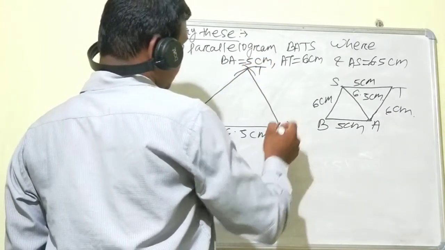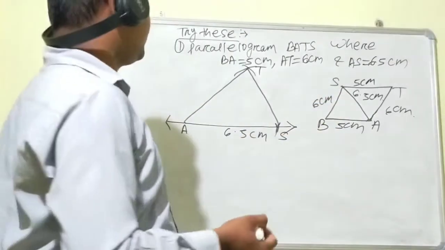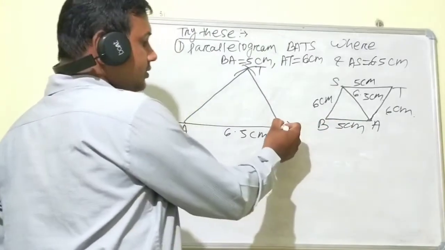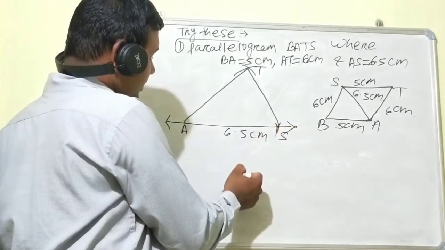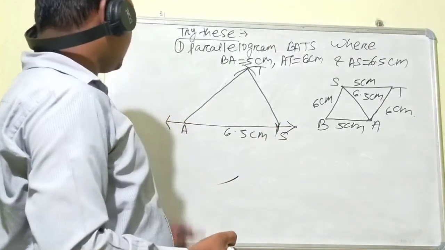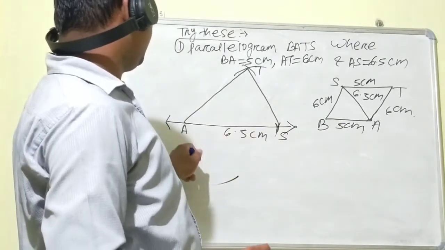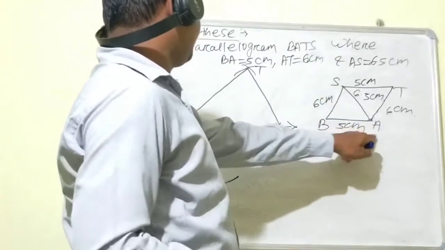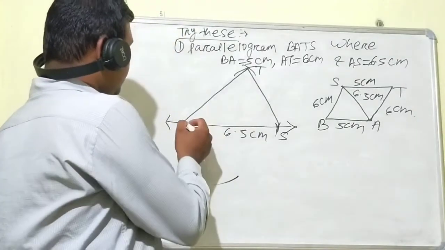Okay. So next is SB. SB is 6 centimeter. So after measuring through the compass, we will keep the compass tip at S and cut an arc below S. Then similarly, we will take AB, 5 centimeter.